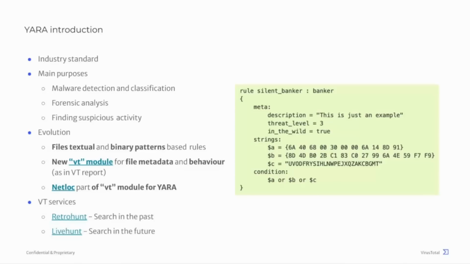Apart from this, just remember that Yara rules in VT can be executed in the past over already existing files, which is Retrohunt, and also in the future, like feeds over new samples submitted to VirusTotal or samples that are rescanned, which is the Livehunt service.